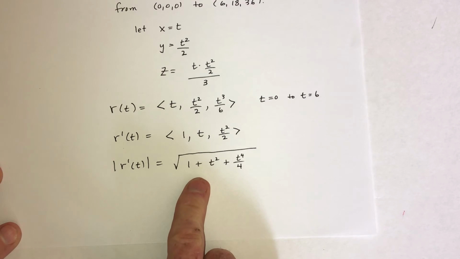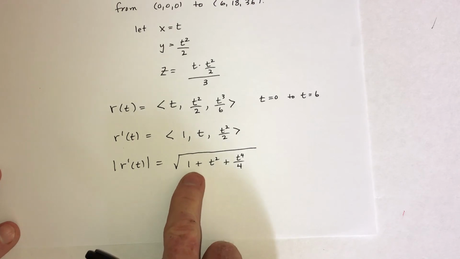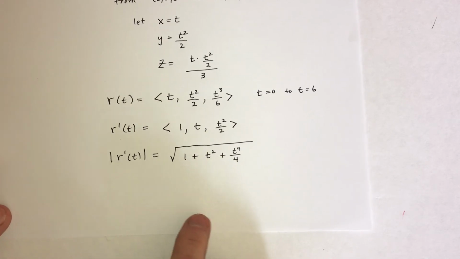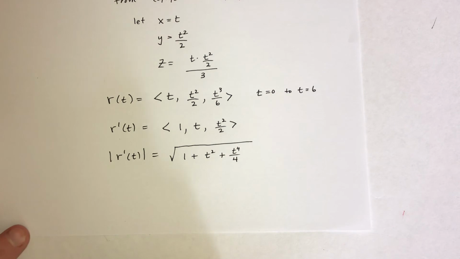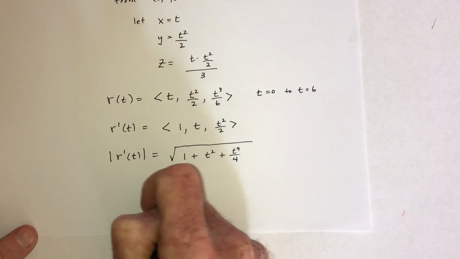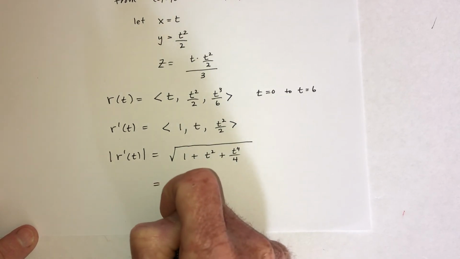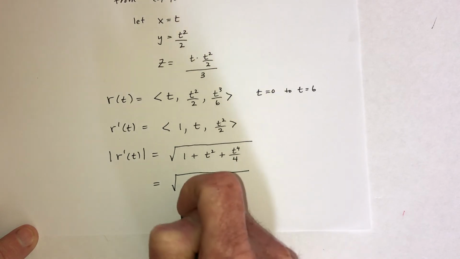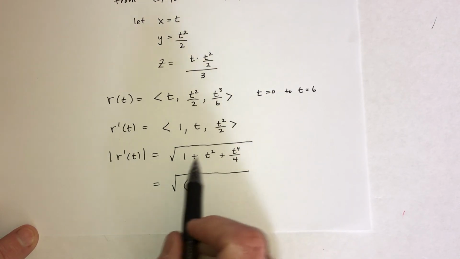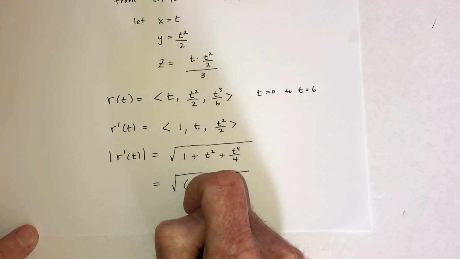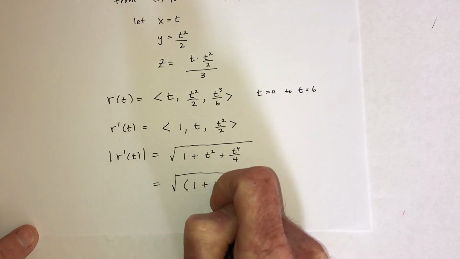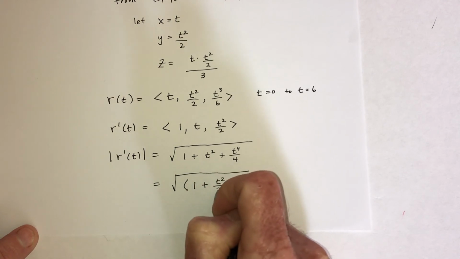And then I'm wondering, could this be simplified? Because in order for us to integrate a square root, you either have to use some fancy trig substitution or the square root has to be simplified. With this one, I think it can be simplified, because this thing right here could be factored. It could be factored into 1 plus t squared over 2.